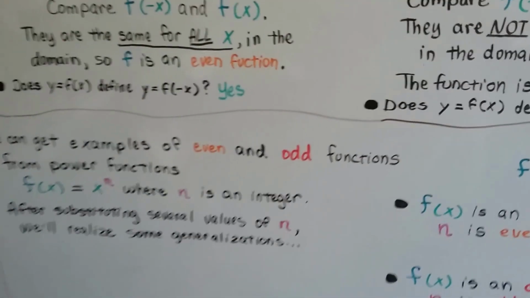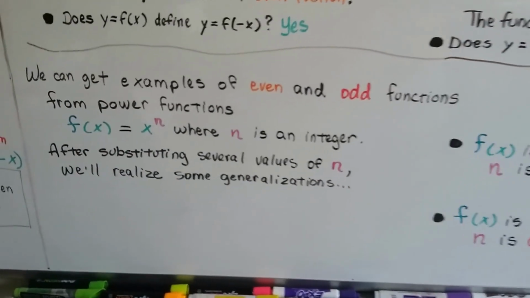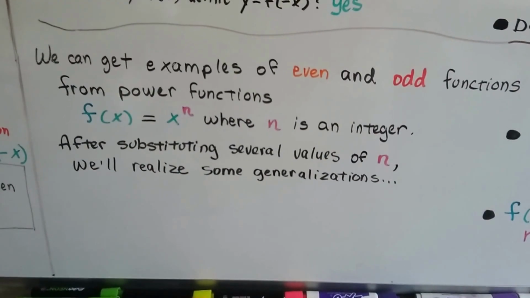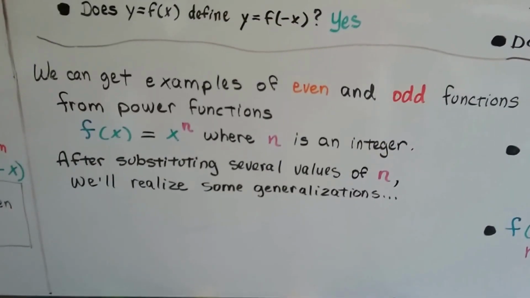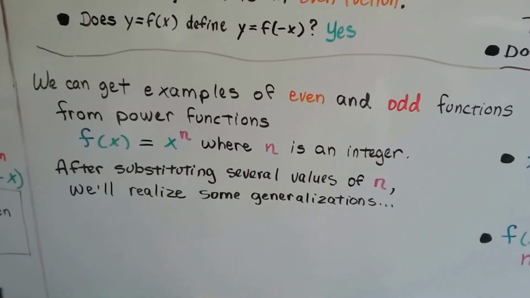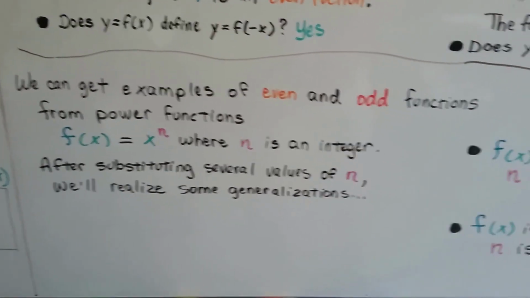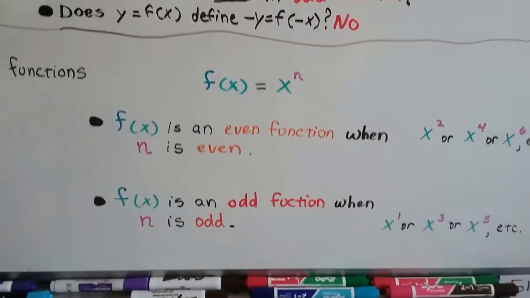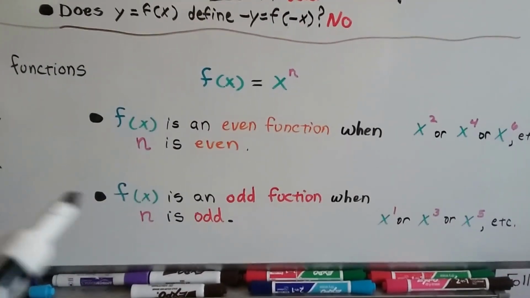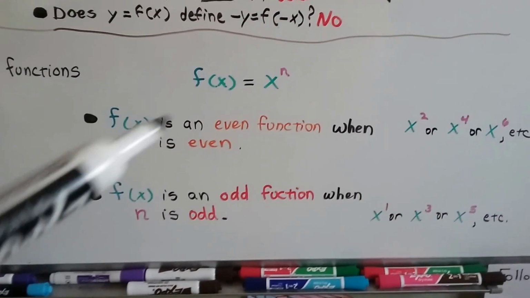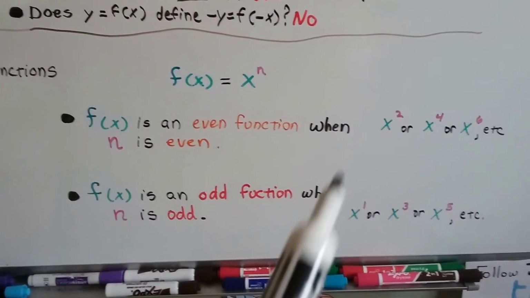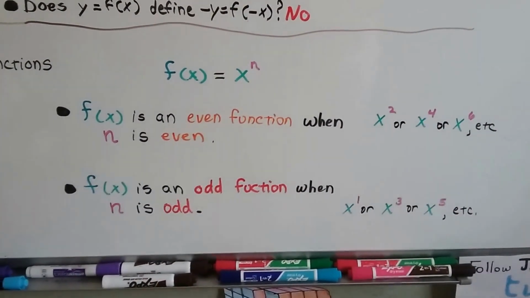We can get examples of even and odd functions from power functions. So the function of x equals x to the nth power, where that n is a little integer. After substituting several values of n, we realize some generalizations. Well, it's an even function when that little n is an even number, like a 2 or a 4 or a 6, and so on.